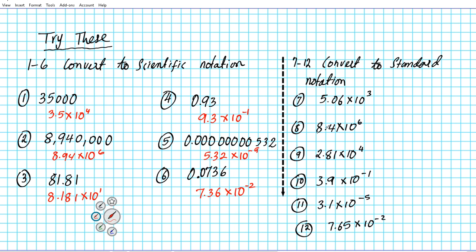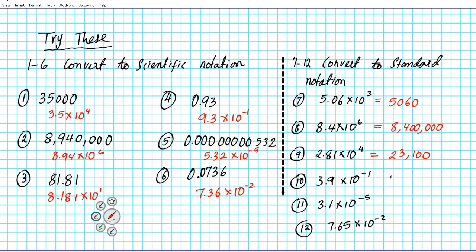Okay. Number 7 is 5,060. Number 8 is 8,400,000. Number 9 is 23,100.